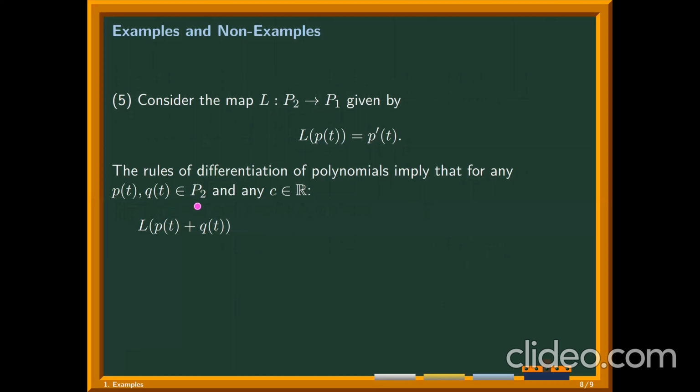In other words, for any P, Q in P2, L of P of T plus Q of T is equal to the derivative of the sum, but we know that the derivative of the sum is equal to the sum of the derivatives. This is equal to L of P of T, and this is equal to L of Q of T.